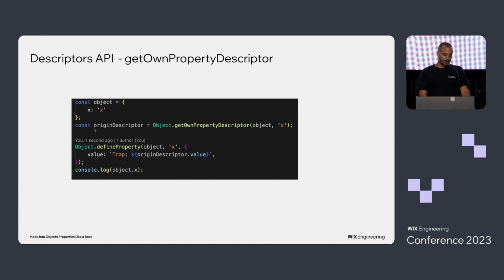So what I'm doing here is defining an object property, x, and the descriptor has a value. And when I'm setting the value, what I'm doing is getting the original value of the property, and I will see, this is a bug, by the way. We should have seen a trap something.